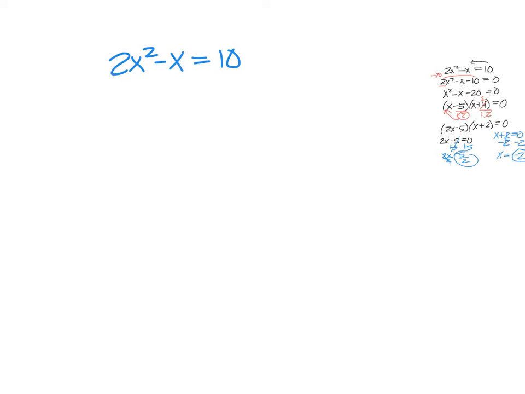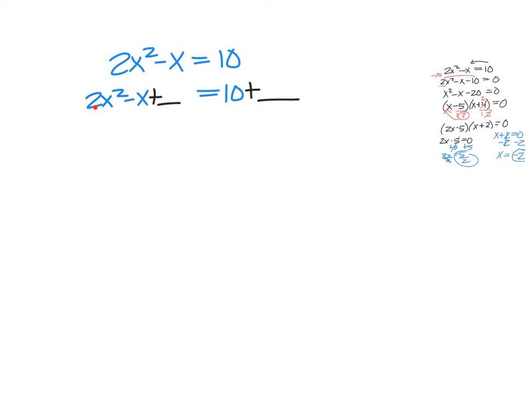In this one, we're going to do completing the square. So I have 2x squared minus x equals 10, and I have to do plus something on both sides. Let's review real quick: if this was a perfect square, you would go straight into the perfect square trinomial.